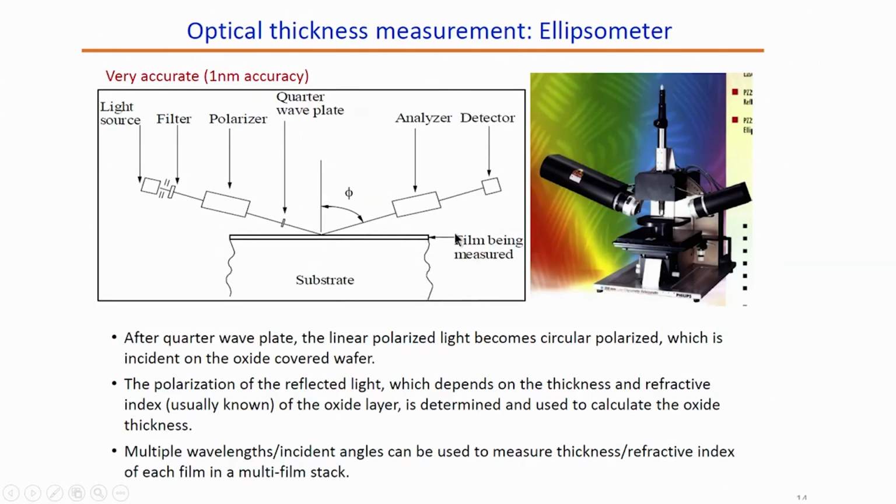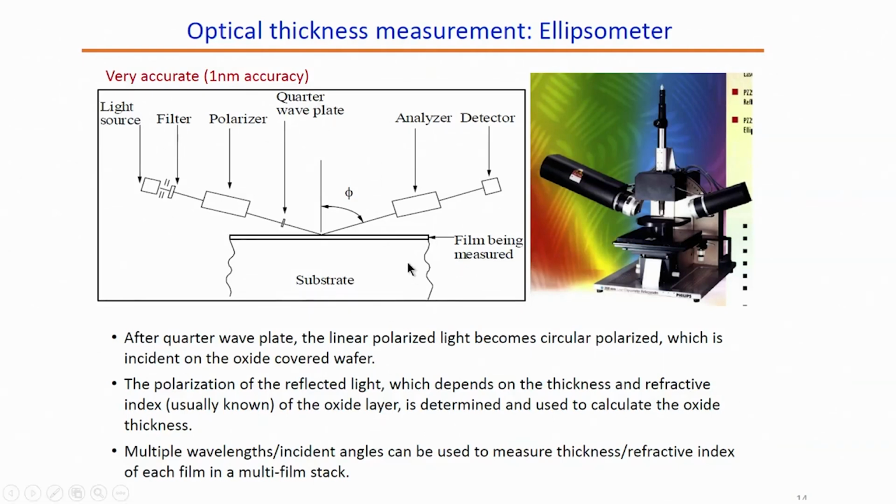After the quarter wave plate, the linear polarized light becomes circular polarized, which is incident on the oxide, right, and the polarization of the reflected light, which depends on the thickness and refractive index of the oxide layer, is determined and used to calculate the oxide thickness.